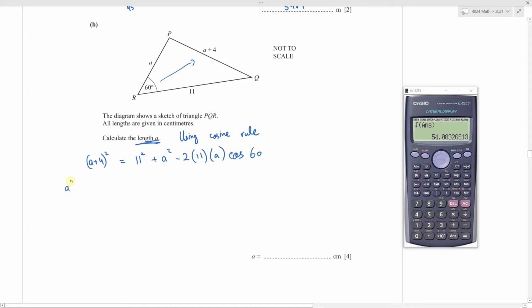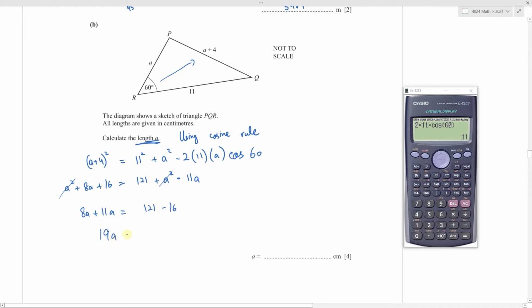So this will become A square plus 8A plus 16, equals 11 square, which is 121, plus A square, and 2 into 11 into cos of 60 is 11, so this is minus 11A. So A square and A square cancel out. I'll take this 11A to the other side, 8A plus 11A, and take this 16 to the other side, 121 minus 16.